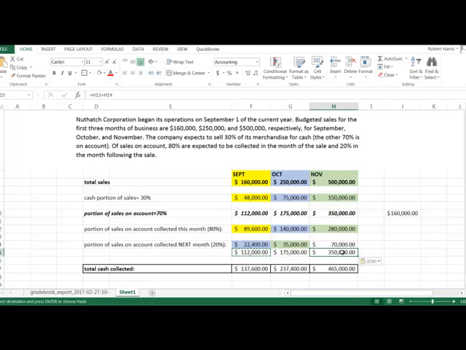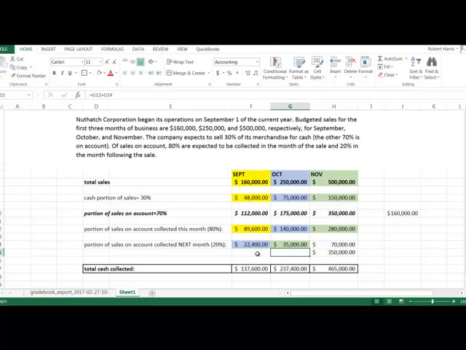This is the same as that, and this is the same as that, because all I'm doing is adding these two pieces to equal this. We're just splitting up the amount being received into two different months, because sometimes people pay us right away and sometimes it takes a little longer.